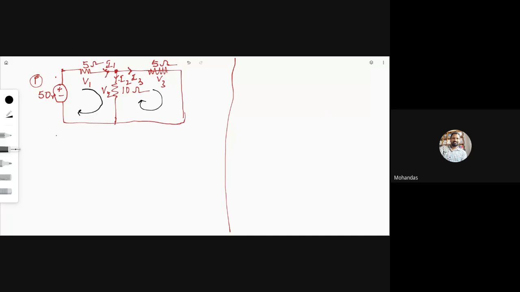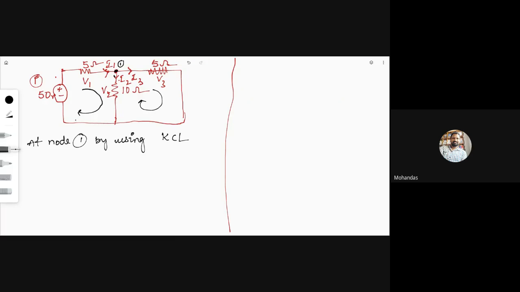Now I'm going to write the first KCL at this node. Let us say node 1. At node 1, by using KCL, Kirchhoff's current law, based on the current directions given in this problem, tell me the KCL equation at node 1.